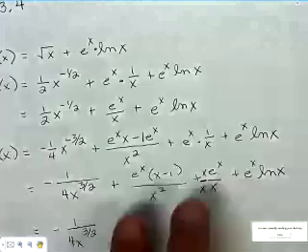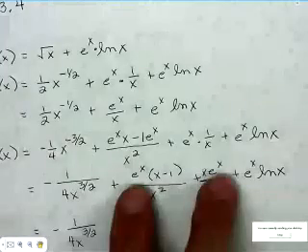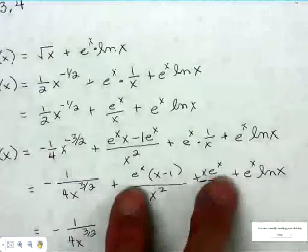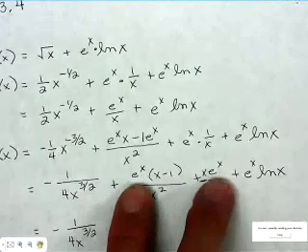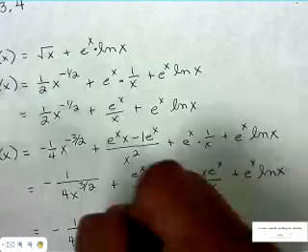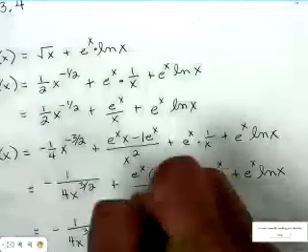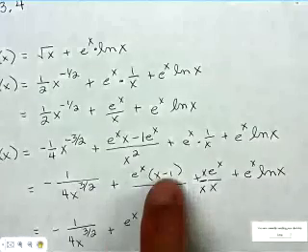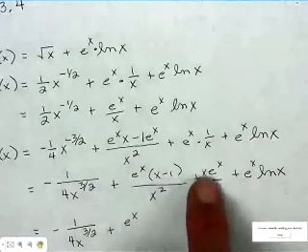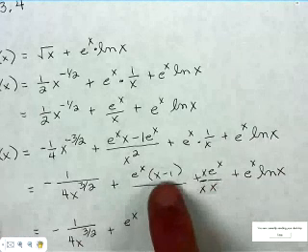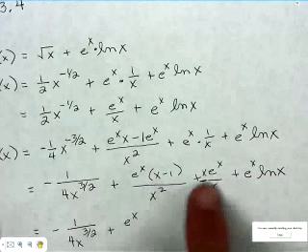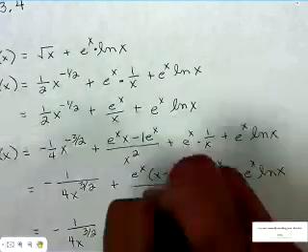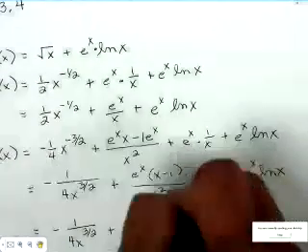But if I factor an e to the x out of those two numerators when I combine them, I'll have an x minus 1 left from the first fraction and an x from the second fraction. X minus 1 plus x is 2x minus 1.